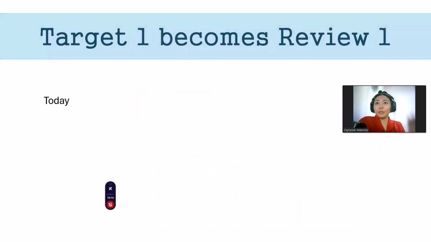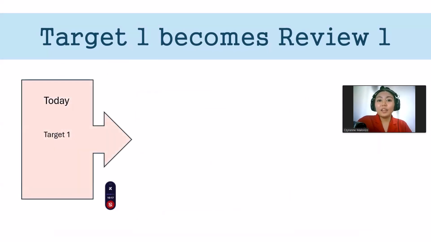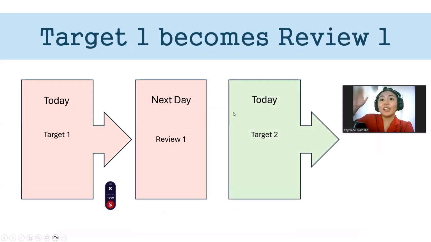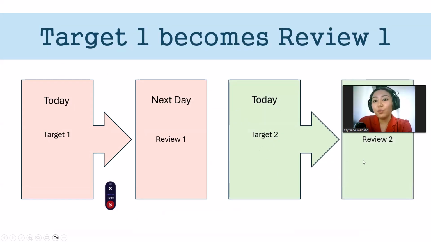Here is a perfect example. For example, today you have target 1. And the next day, tomorrow, your target 1 becomes review 1. Again, another day, today your target 2 becomes review 2 tomorrow.